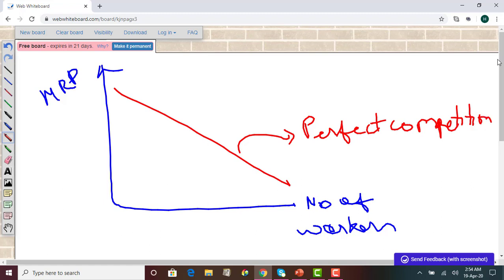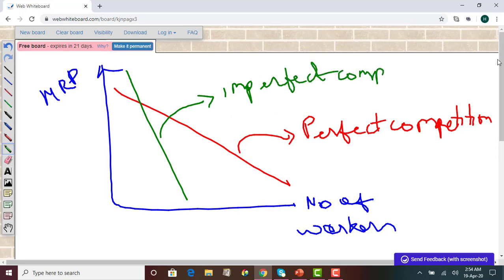But for an imperfect competition, it will basically look like this, more steeper, because the drop in MRP is more with the number of labors added. So you need to make sure you understand this. The marginal revenue product for the perfect competition market structure is less steep, and the marginal revenue product curve, or the demand for labor resources for an imperfect competition market structure, is more steep.